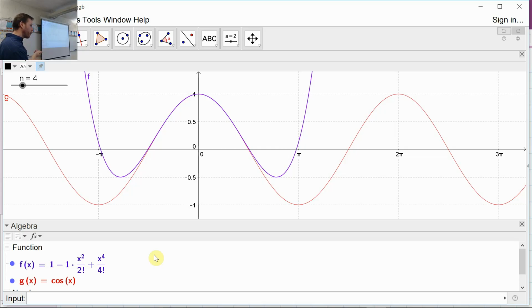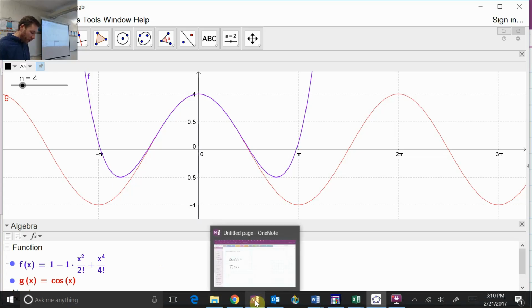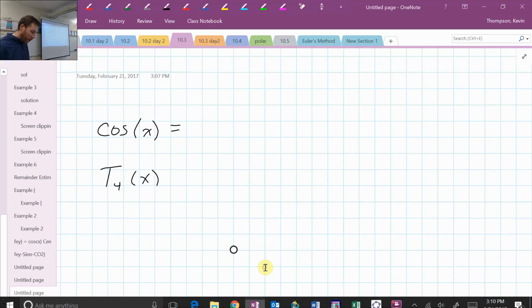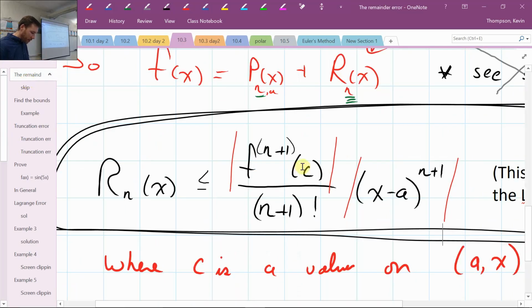Now that term here is actually going to matter. Don't think that that one's going to be 0, because when you think back, in order to control the error and think of all the possibilities, we had this c written down here. Notice that this remainder, this error, is going to be less than or equal to the next derivative. You should have already found through the 4th derivative, right?